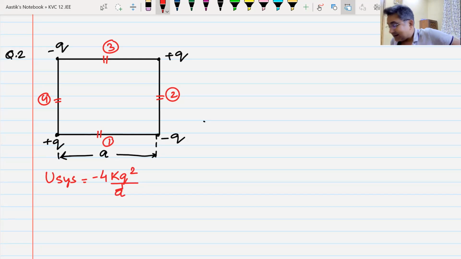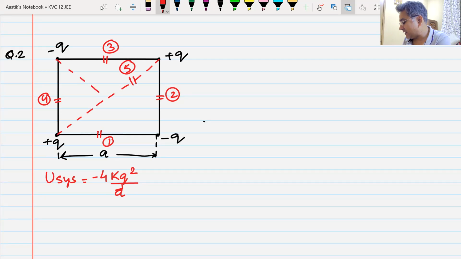The problem here is I have not taken all the pairs. There are two opposite pairs. This is pair number 5, and this is pair number 6.